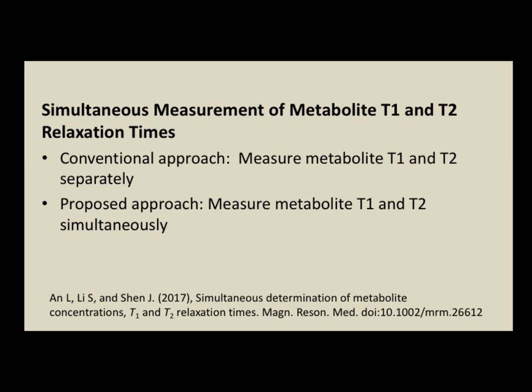We use a pulse sequence to measure T1 first, then we use another pulse sequence to measure T2, and the measurement time is very long. When we compute T1, we don't use the data from the T2 measurement. When we compute T2, we don't use the data from the T1 measurement. So they are measured separately. Here we propose to measure metabolite T1 and T2 simultaneously.